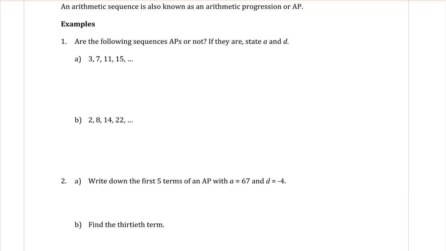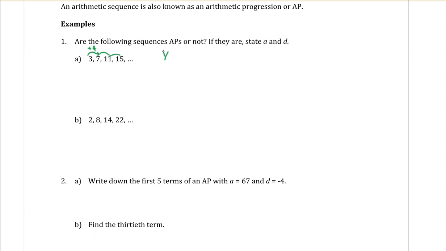Looking at that first progression of numbers there, we start with 3. We would have to add 4 to get to 7. And if I add 4 again, yes, I get 11. Add 4 again, yes, I do get 15. So I'm adding a constant number each time. So that is going to be an arithmetic progression.